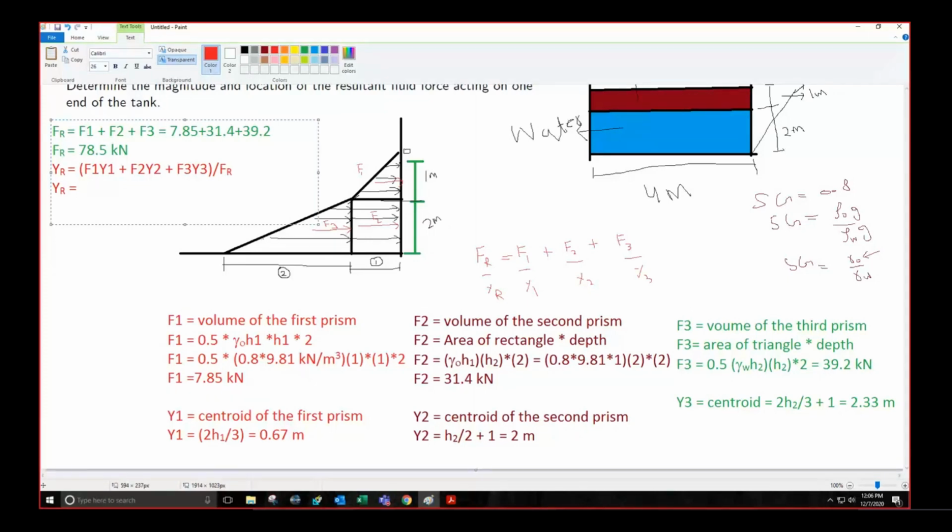This comes out to be 159.39 kilonewton meter divided by FR, which is 78.5 kilonewtons.